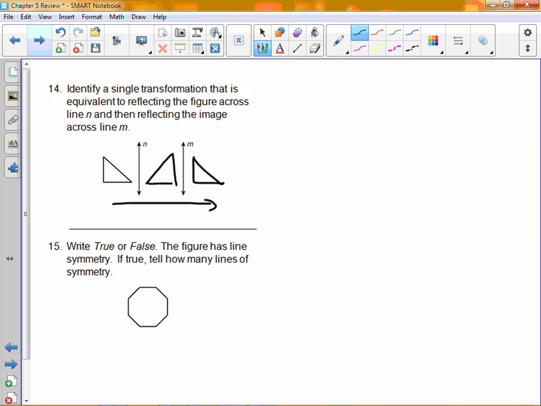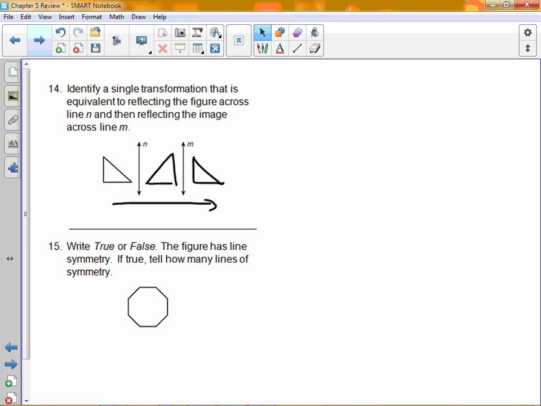Okay, that's what they're asking. You're reflecting it across two lines that are parallel here. So when you reflect it across that one, it kind of turns it backwards. This turns it back around.